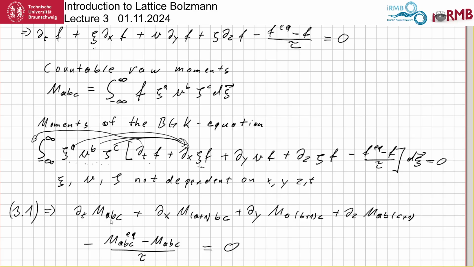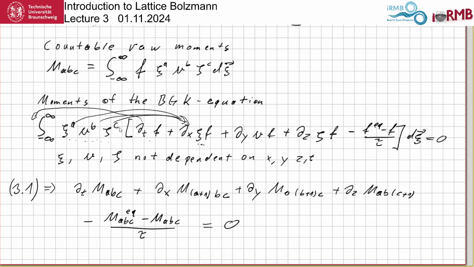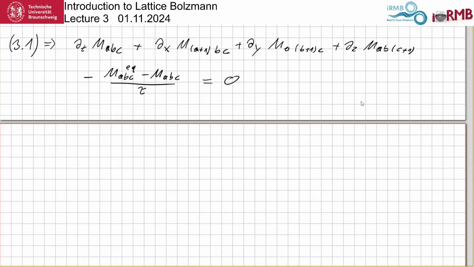And this is what we call a moment chain. Okay, so we need another paper. So kinetic theory and also Lattice Boltzmann methods work on so-called moment chains. Okay, why is it a moment chain?